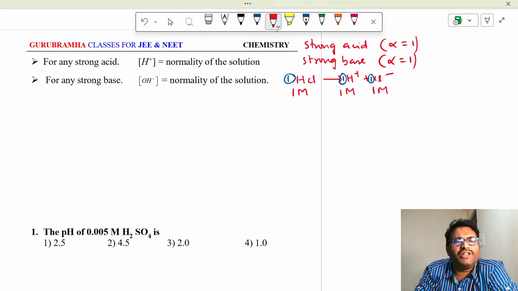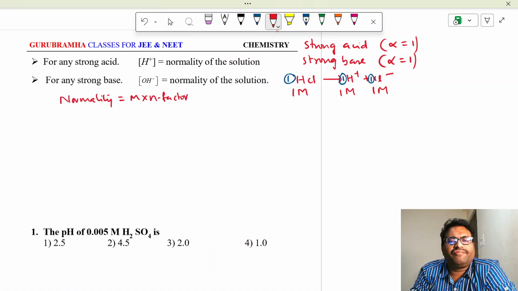Okay, and we know that normality is equal to molarity into N factor. In stoichiometry, we will study what is meant by N factor.